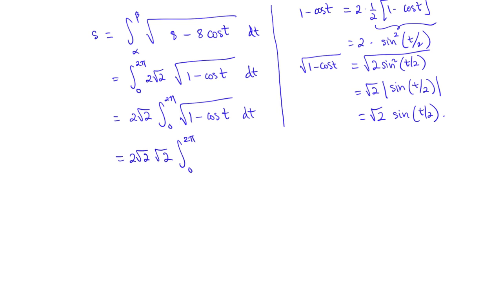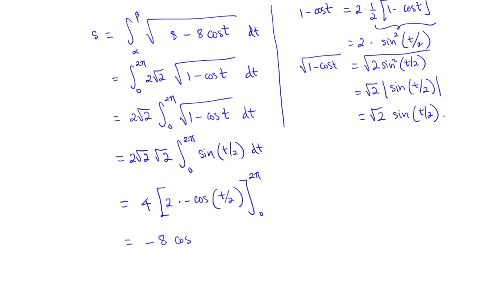which is 4 times the integral of sine of t over 2 dt. The antiderivative of sine of t over 2 is negative cosine of t over 2 times 2. Evaluate from 0 to 2 pi. This is minus 8 cosine of t over 2. Plug in 0 and 2 pi.